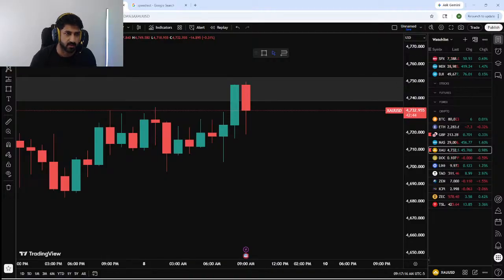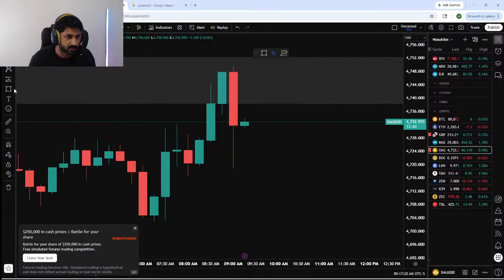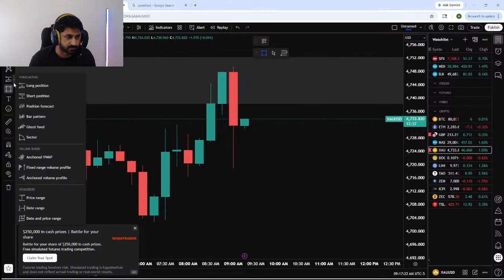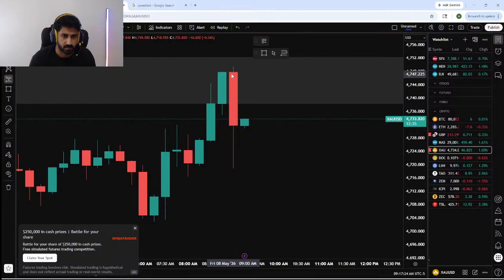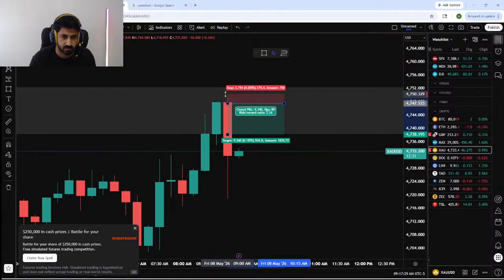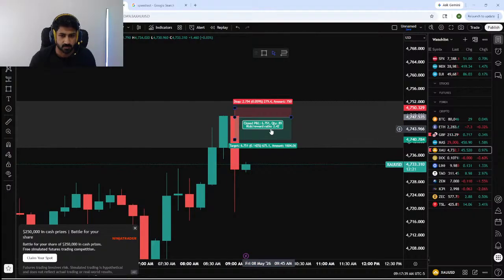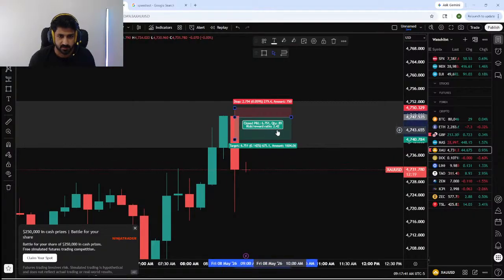So I was looking at it on a 15-minute time frame. The idea was to execute the price right here, and the stop loss was above the previous candle's high, and I would have been out around here. So this is a great trade.